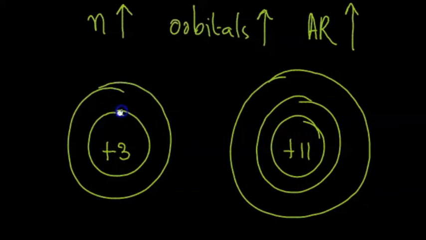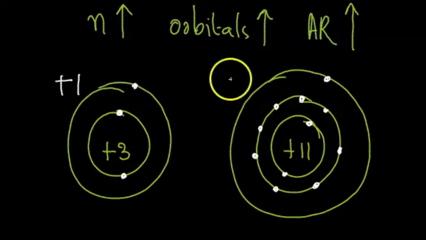In the first shell, lithium has 2 electrons, and in the last shell, it has 1 electron. So the effective nuclear charge on that electron is going to be 3 minus 2, which is +1. In the case of sodium, we have 2 in the first shell, 8 in the second, and 1 in the last one. So the effective nuclear charge on that valence electron is 11 minus the 10 core electrons, which is also +1.